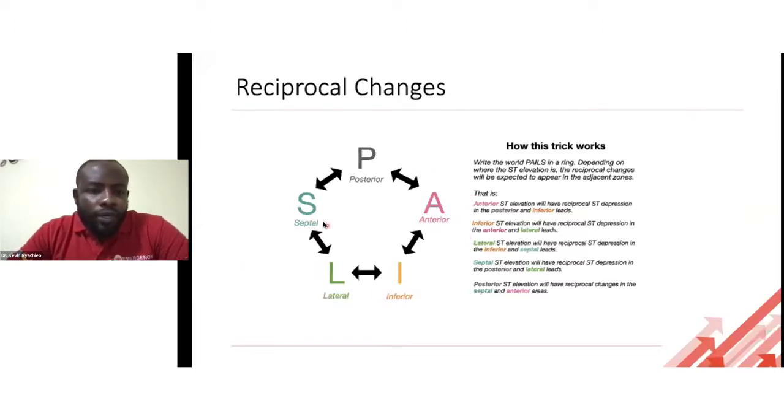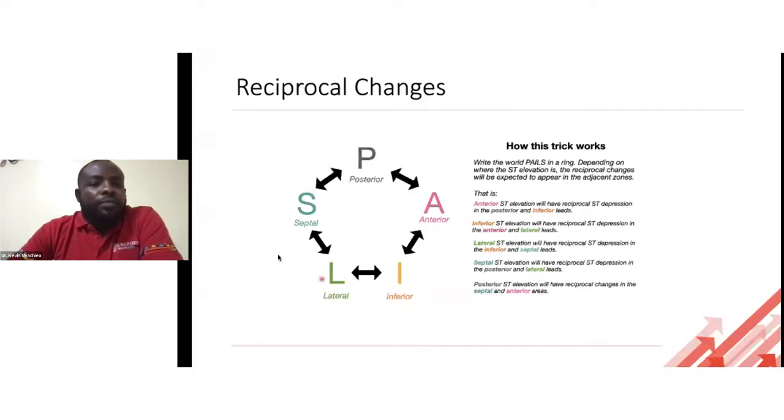So you look for where you have the ST elevation, and with this nice mnemonic you're able to draw it. I usually draw it for all my patients, so that I know where I am looking for these reciprocal changes. As with all ECGs, this comes with practice.